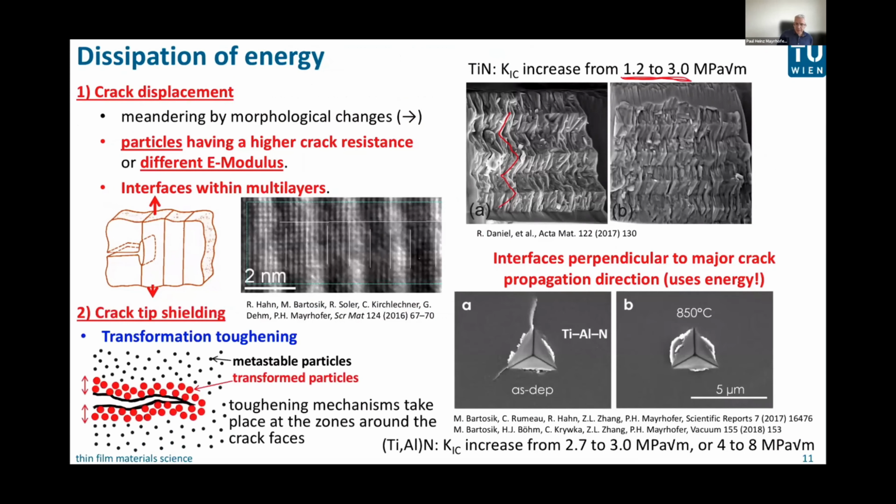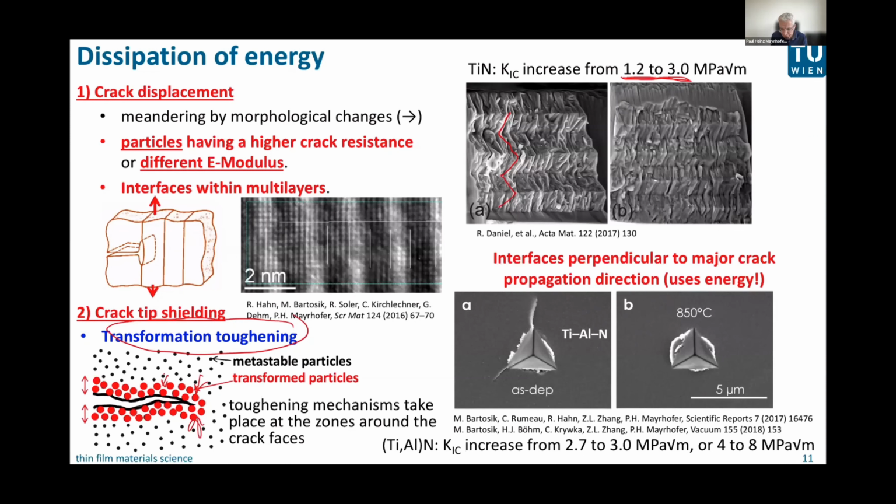And we started to investigate this transformation toughening effect, where we have tiny metastable phases, which can then phase transform into a more spacious material, and thereby increase compressive stresses at the crack tip, and that is effective in shortening the cracks.